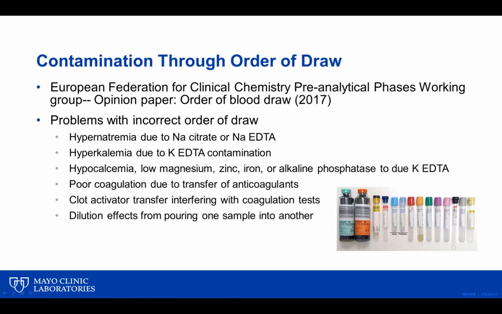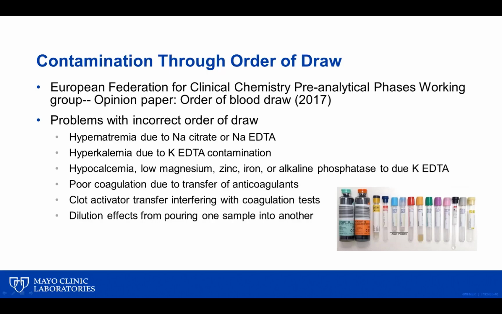And then another area I'll touch on relates to contamination, but order of draw, which is also quite controversial. So this opinion paper looked at all the literature and postulated 3 potential mechanisms of incorrect order of draw.